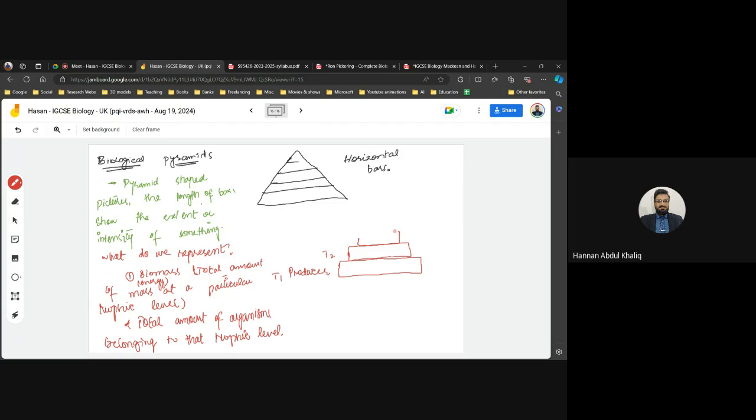Then the sequence proceeds. So this pyramid basically represents the total amount of mass made at a particular level, the total amount of energy, or in other words, the total number of organisms at a particular level is also represented by the biomass.